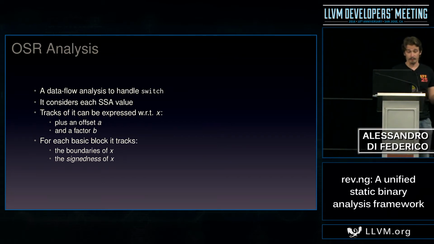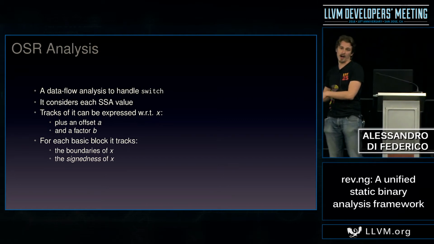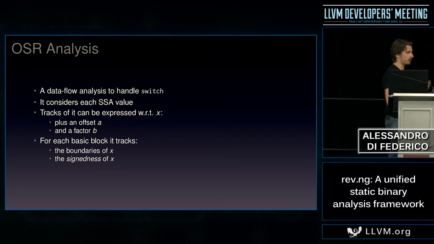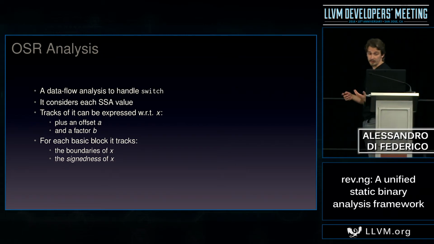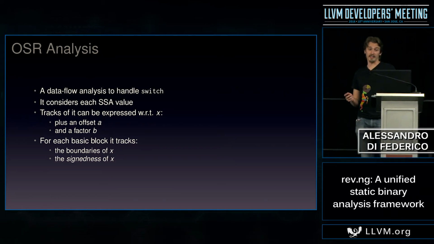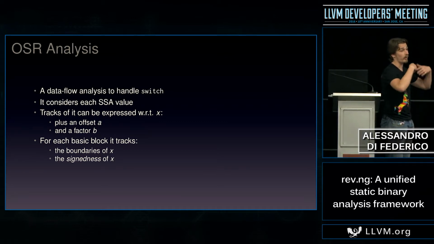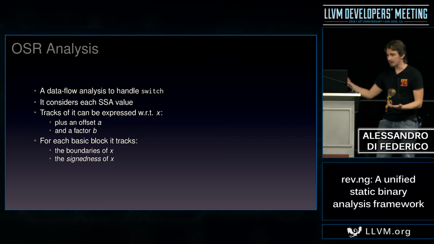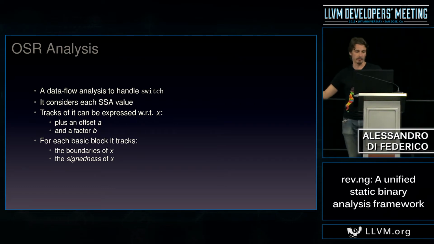It's basically a data flow analysis aimed at handling switch statements, not only for ARM, but it works very well also in MIPS and x86-64. What it does basically consists in taking each SSA value and trying to express it in relation to another SSA value, which we can call x, plus an offset b, and multiplied by a factor a.